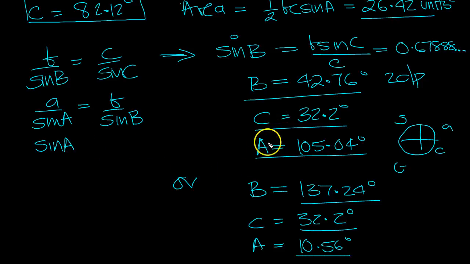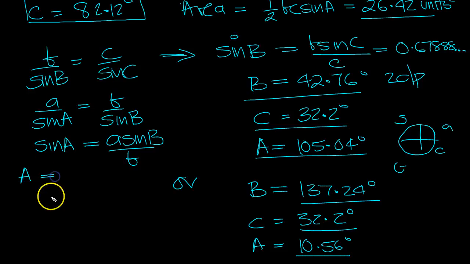Now I'm working out side A for both of these then, aren't I? So sine A now is equal to, so I've moved that up. And then I'm going to move A sine B over B is now the formula. So A is equal to, so these are the two alternatives.